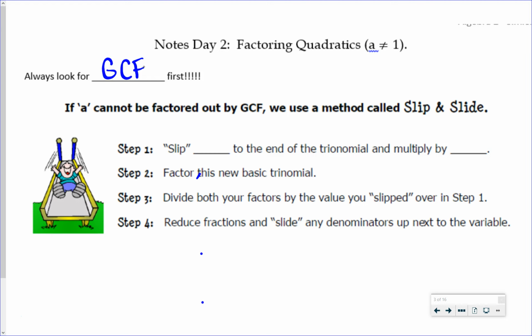Today, we might be able to find a GCF, but most times there's still going to be a number in my way, right? There's lots of ways to do this. I use a method called the slip and slide method. Other teachers use grouping. It's called take out the trash or Xbox. My way is slip and slide. If you have learned a different way and you like that way better, then you can keep doing it that way, okay?